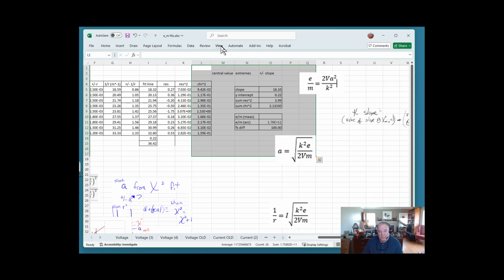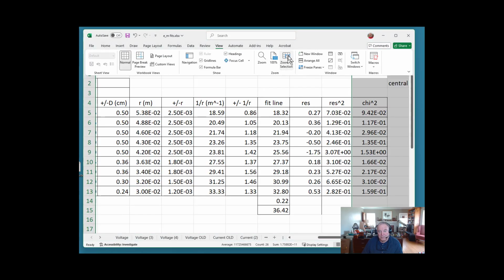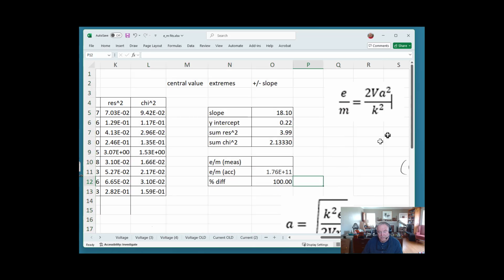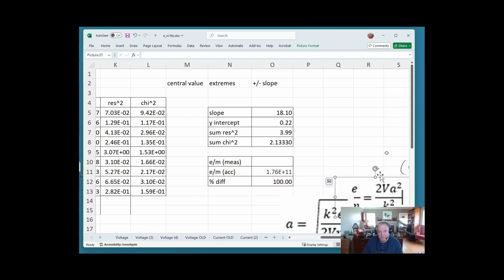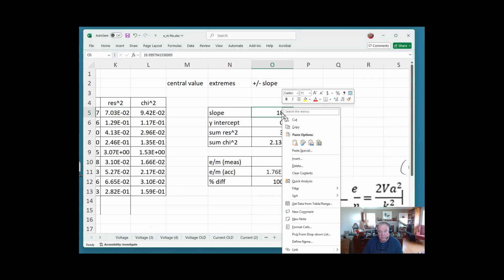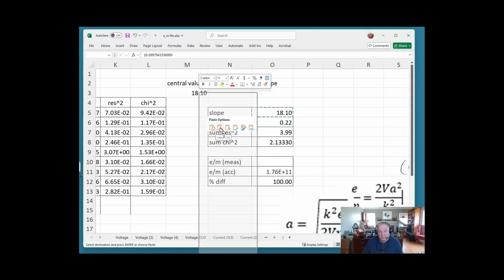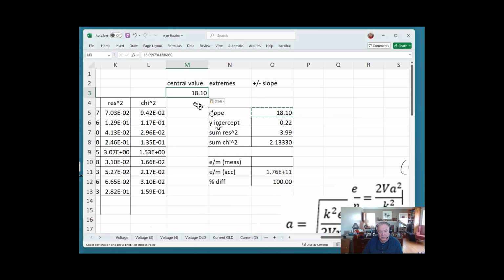So let's zoom in on this. It didn't work. That was weird. All right, so we've got our best fit slope here. We're going to copy that and paste it here, using paste value.